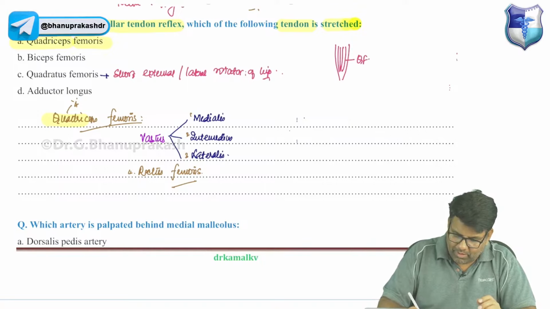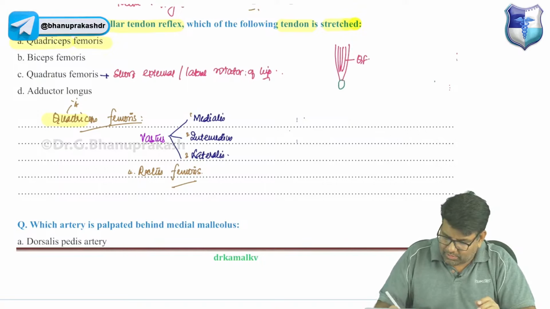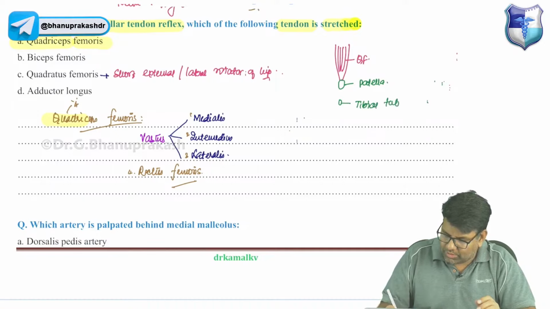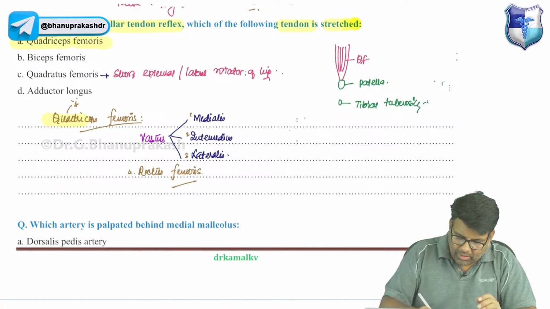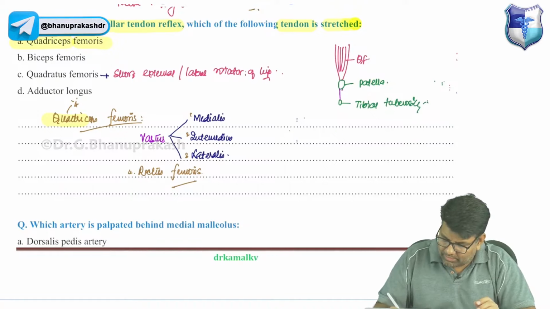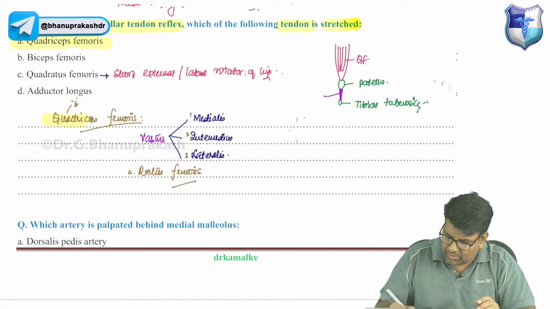Then this is patella, and this is the tibial tuberosity, and this is the ligamentum patellae.